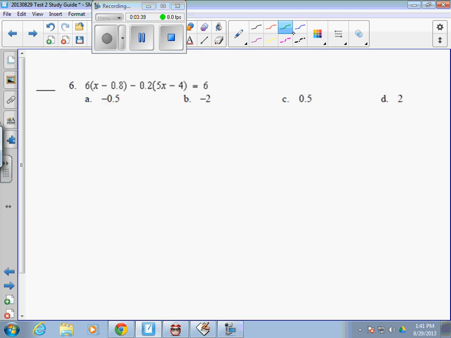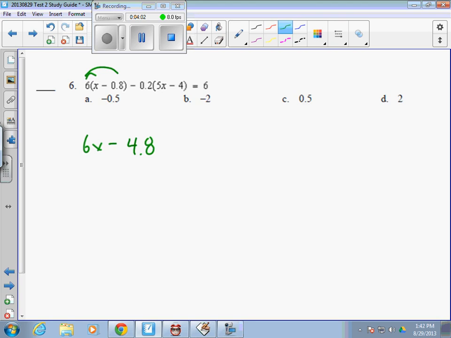Number 6: 6 times the quantity x minus 0.8, minus 0.2 times the quantity 5x minus 4, equals 6. Distribute 6. So 6 times x is 6x. 6 times negative 0.8 will be a negative. 6 times 8 is 48, and we have to move that decimal over 1 time, so it becomes negative 4.8.